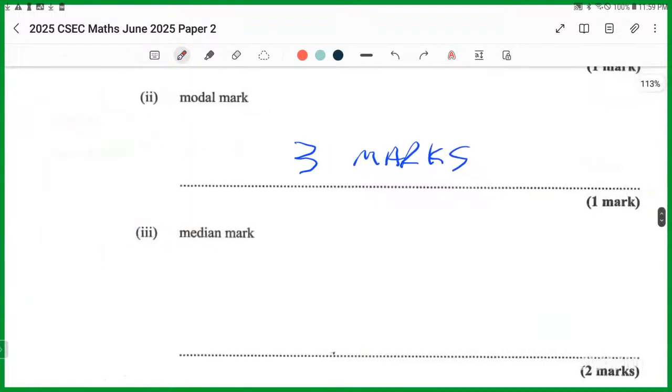It's going to be between the 15th and the 16th. Halfway between 30 is 15, 16. The formula for the position of Q2 is half of n plus 1.